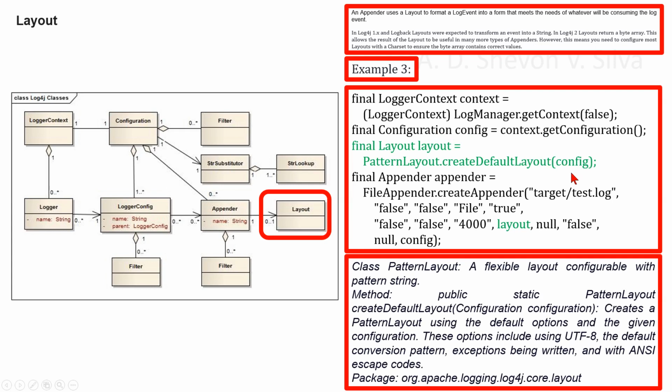These options include UTF-8, the default conversion pattern, exceptions being written, and with ANSI escape codes. This class is in the package org.apache.logging.log4j.core.layout, and here the layout is passed to the method createAppender.